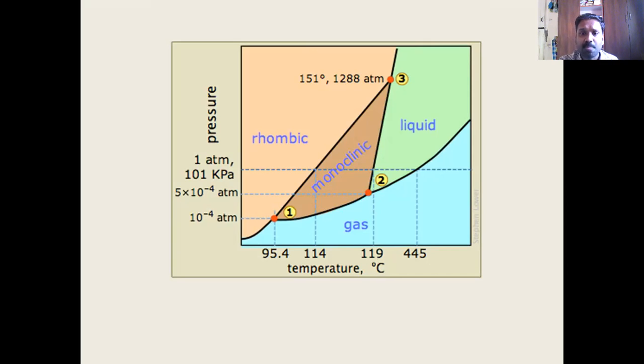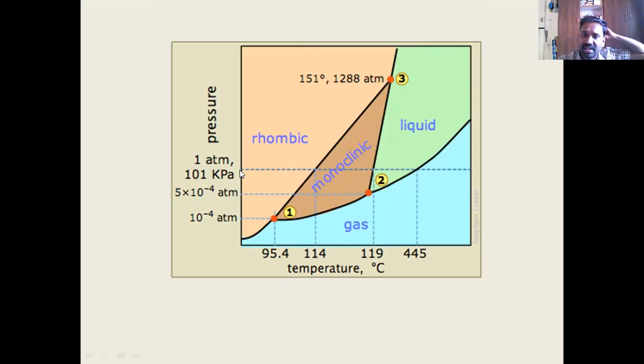Now, you look at this graph, it is very clear. What are the major features of this phase diagram? You can see four phases: rhombic, monoclinic, liquid, and vapor, gaseous sulfur. Those four phases. And in fact, you also have demarcations at certain temperatures. For example, let us consider 1 atmospheric pressure.